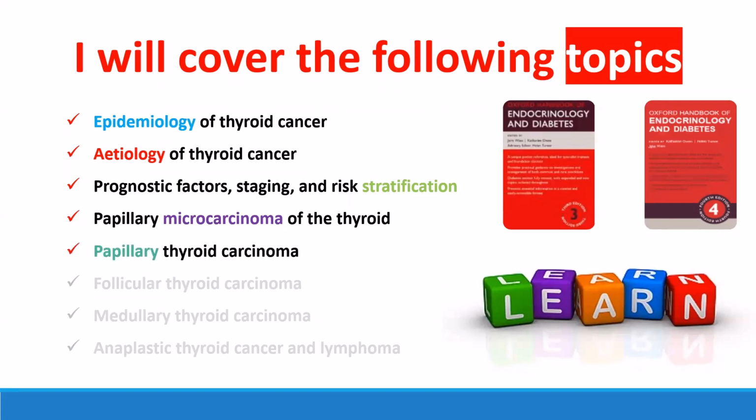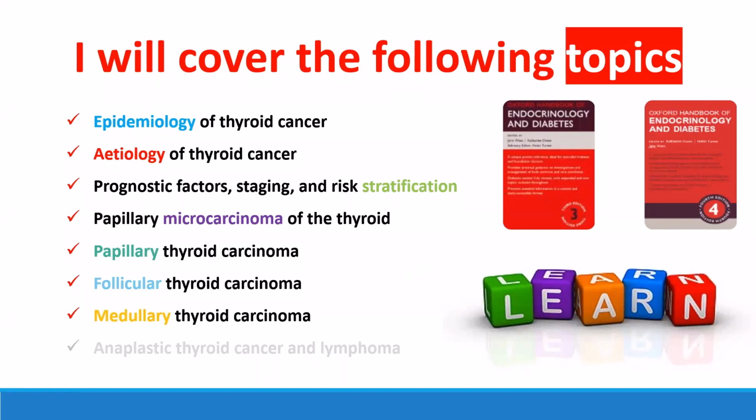Papillary thyroid carcinoma is the most common thyroid cancer, and follicular thyroid cancer is the next most common after papillary thyroid cancer. Of course, papillary and follicular thyroid cancer are known as differentiated thyroid cancer. So when we speak about differentiated thyroid cancer, we mean papillary or follicular thyroid cancer. Medullary thyroid cancer originates from the C cell.